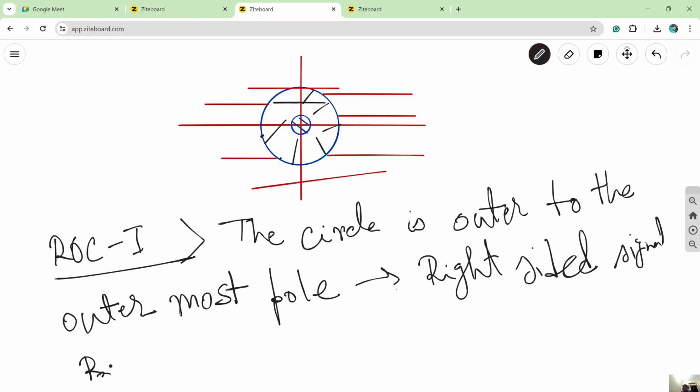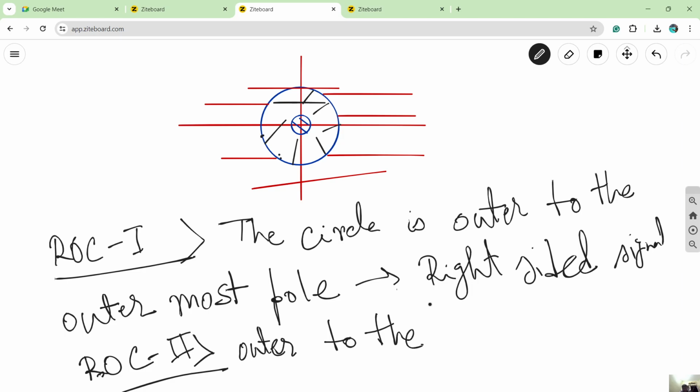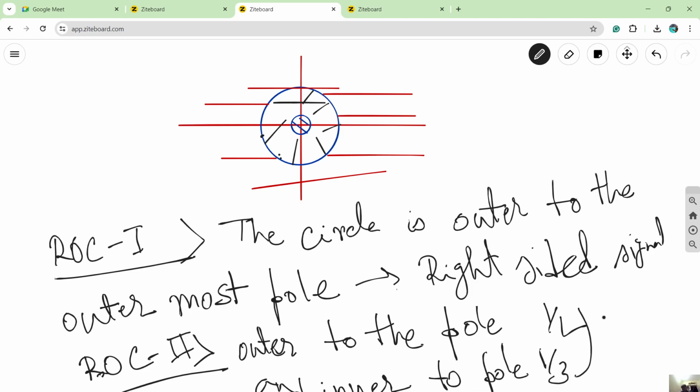Similarly, ROC2. This is the ROC2 and this is outer to the pole half and inner to pole 1 by 3. So both sided.